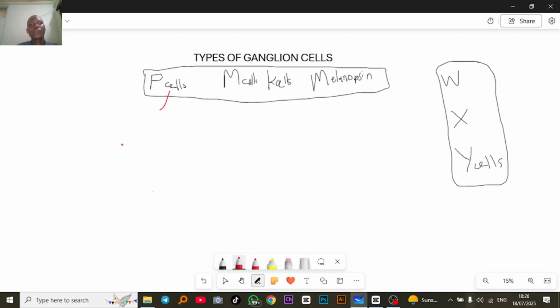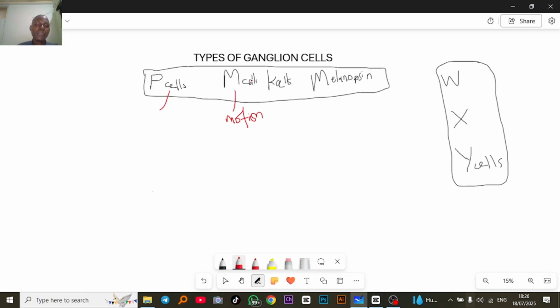So if we are to start with this grouping, P cells are the easiest to remember. I look at M, and remember M goes with M, which is for motion. So we'll start with M cells since they are easier.